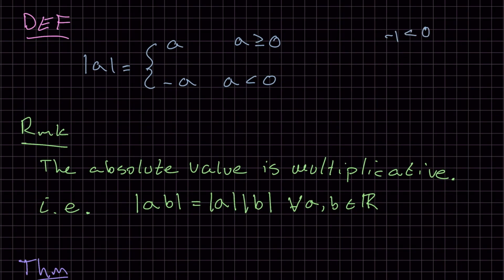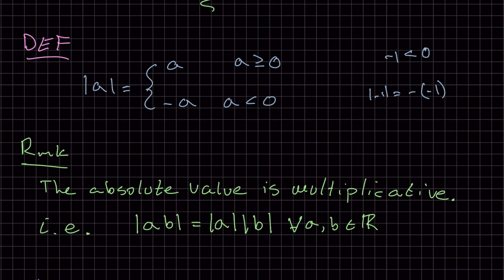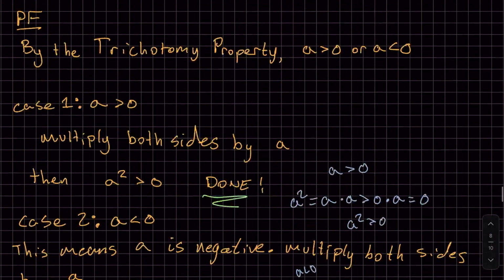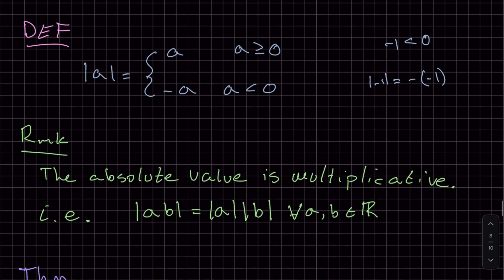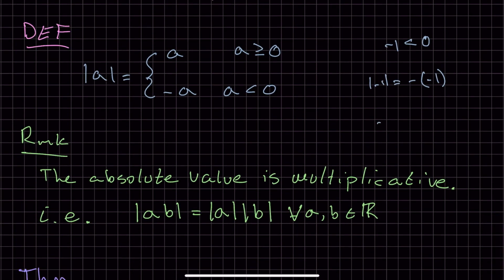So to get the absolute value of negative 1, all you do is negate it. By some of the multiplicative properties and the algebraic laws we proved earlier with the first postulate, we've already proved that the absolute value of negative 1 is going to be equal to 1. This just comes from negative 1 squared, right?